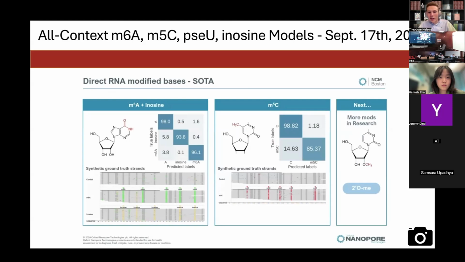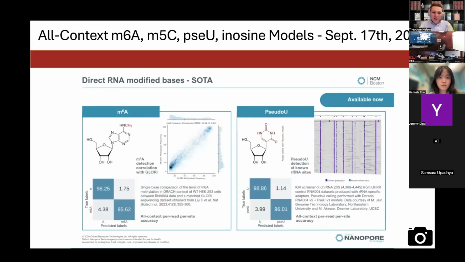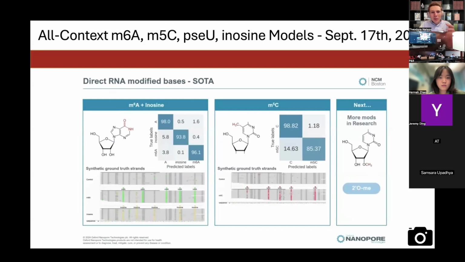And this also is relevant for these other models, m5C, pseudouridine, inosine, because those modifications themselves are far rarer than m6A. So at the 99% level, what you get is a false positive rate of roughly 0.02%. And yet the number of true m5Cs in your whole transcriptome is less than 0.02% of all cytosines.